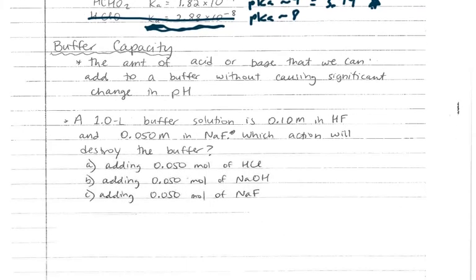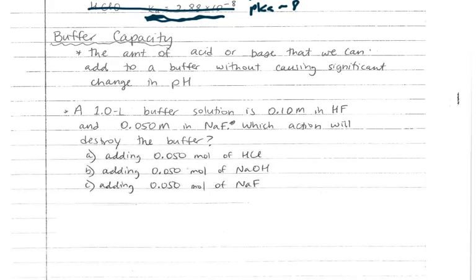All right, so another thing having to do with buffer effectiveness is something we call buffer capacity. Basically, the way to conceptualize this is, if you have a buffer at pH 7 and when you add a couple of drops of acid it goes down to a pH of 6.9, the buffer capacity is basically how much acid can you add before you get a significant change in the pH, before you lose the ability of this buffer to neutralize the added acid.